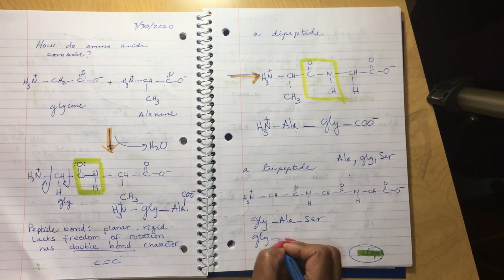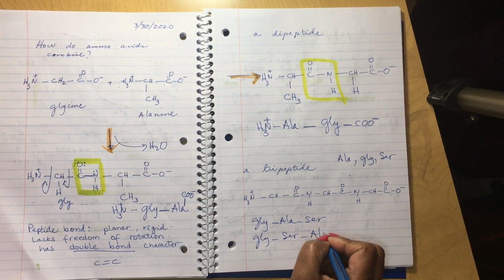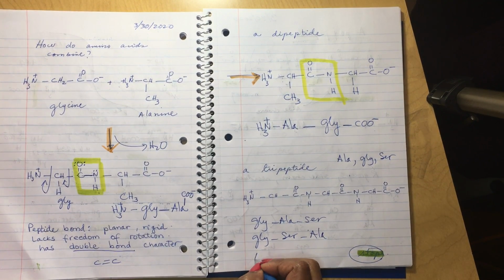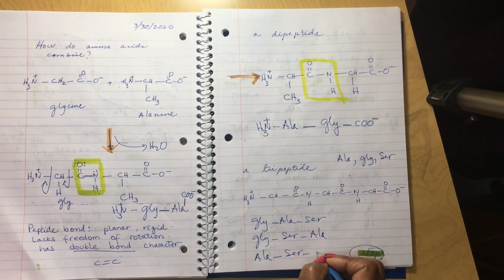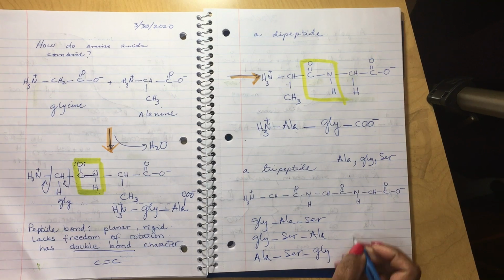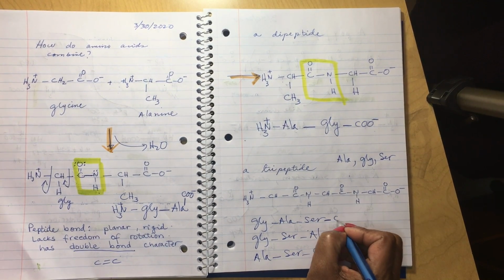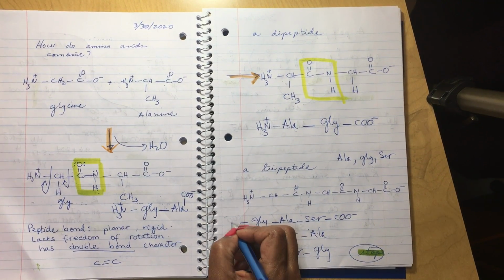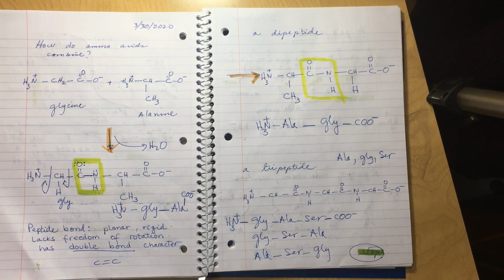Glycine, serine, alanine is a very different tripeptide, and I can also have an alanine, serine, glycine, and I can build some more, but you get the concept that the last amino acid is the one that has the free carboxylic acid end. Glycine will have the free amino end, and so on.